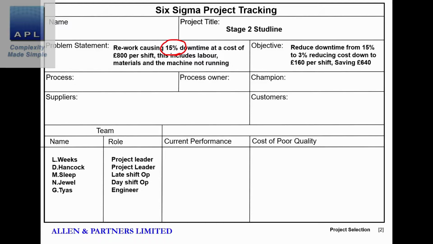So this is a really expensive problem if you just leave it running in the process, and they'd like to get the 15% down to 3%, and then get the cost per shift down to £160, saving £640 a day. So there's the very simple define part of the project.